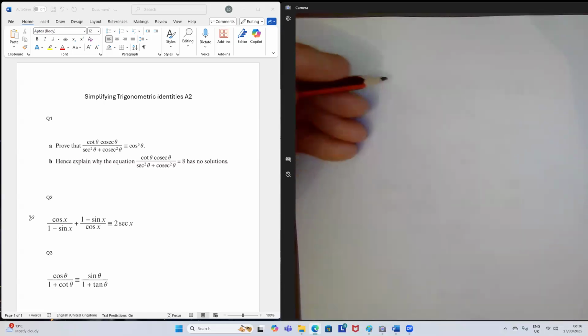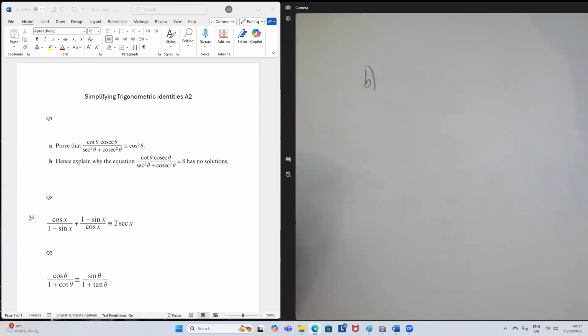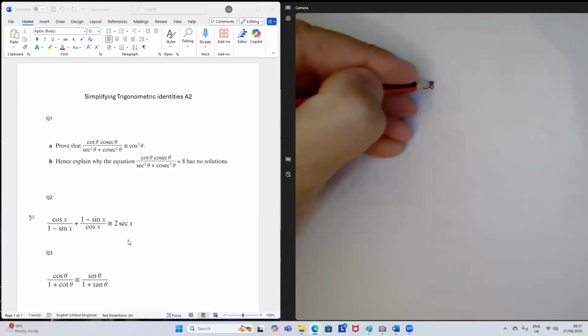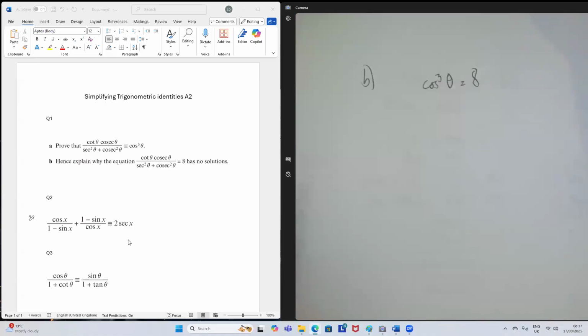Now, for these part Bs, what you need to be thinking about is what's the link between part B and part A? And the link is that this expression here is cos³. So we're going to write that as cos³ theta equals 8. So we're using what we derived in part A and applying it in part B, which is quite often what happens.